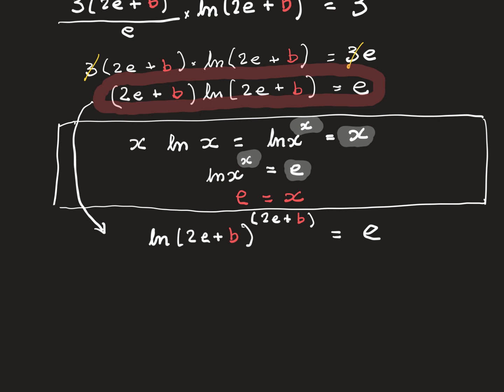So do you remember what I said about that? That means that this, make it yellow, that this is equal to this. So now we can write that e is equal to 2e plus b.